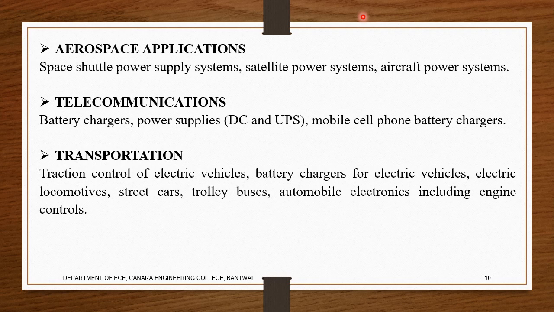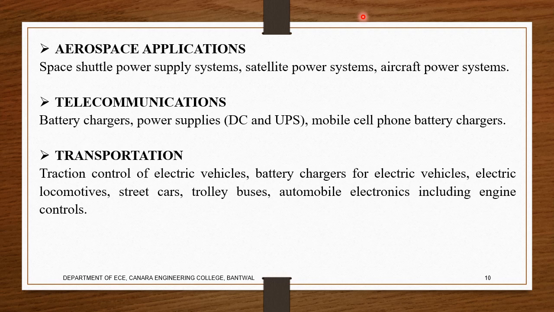The battery chargers for electric vehicles, electric locomotives, the machines which are running on electric traction there, as against the petrol locomotive, the diesel locomotive, the steam locomotive, and we go for this train traction there. Then street cars, trolley buses, the micro machines where we avoid batteries, and the high battery driven bus systems.